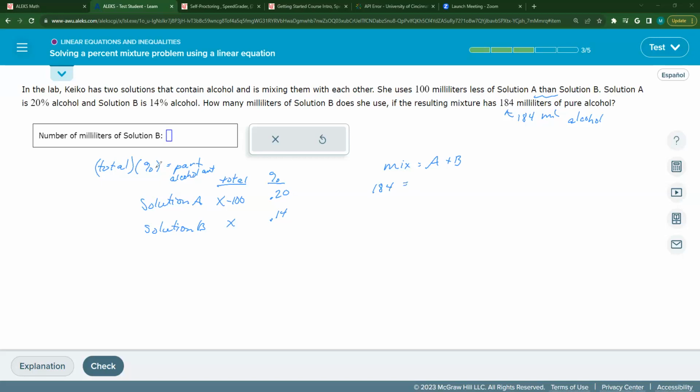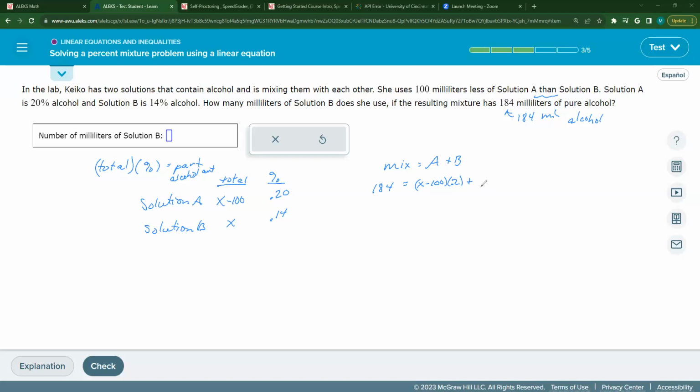And it is going to be the part of alcohol that's from solution A and the part of alcohol that's from solution B. So this is going to be the X minus 100, so the total amount of A times the 20%, so 0.2 or 0.20, your choice. I would just do the 0.2 because the zeros after that don't affect anything.